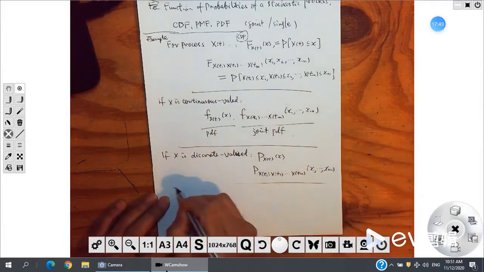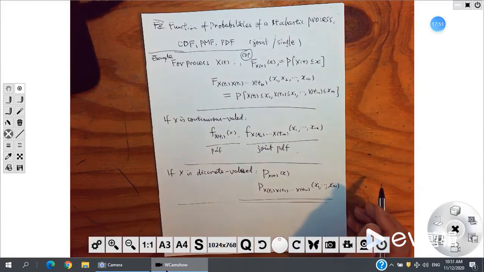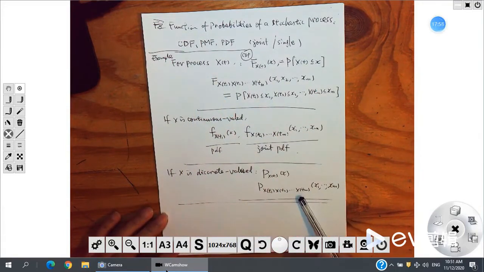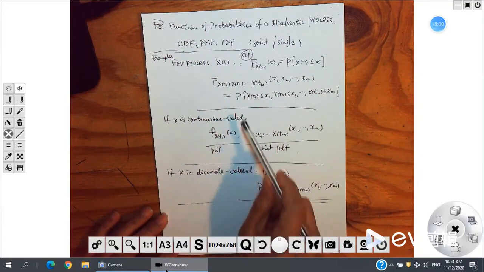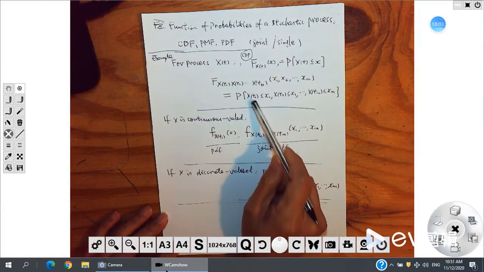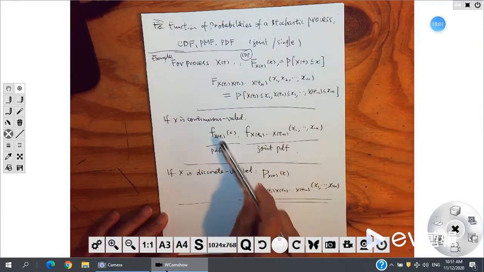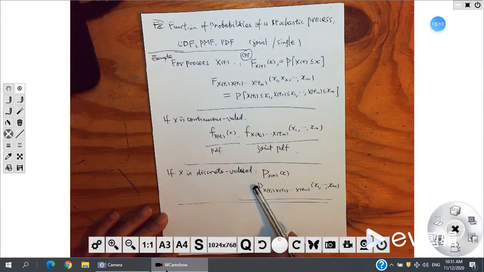So I will say there's a lot. Even if you study just one process, you will have a lot of these functions. For every fixed t or fixed n, you have a CDF, PDF, PMF, and you pick some of the variables from the process, then you can have joint distributions.